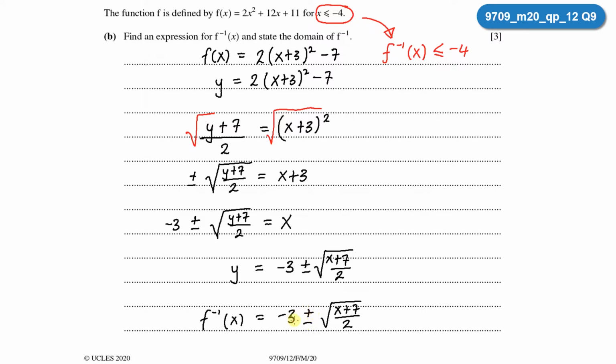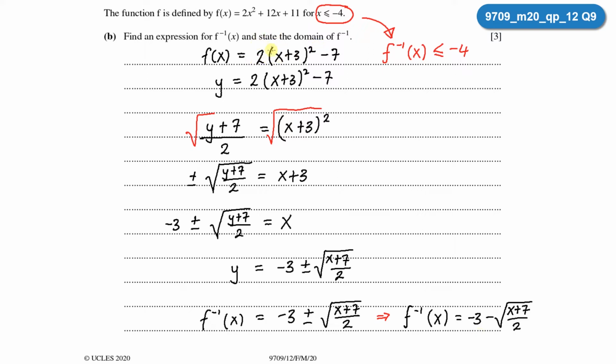So between -3 plus square root of x plus 7 over 2 and -3 minus square root of x plus 7 over 2, the only one where f inverse of x is going to be less than or equal to -4 is when we have f inverse of x taking the value -3 minus the square root of x plus 7 over 2. So this here is the one that we will settle for. So that's the inverse here.